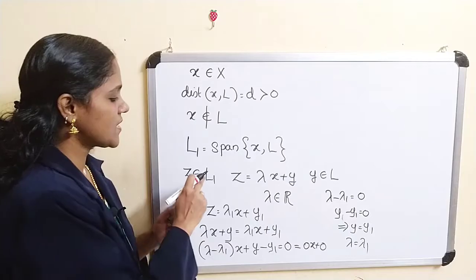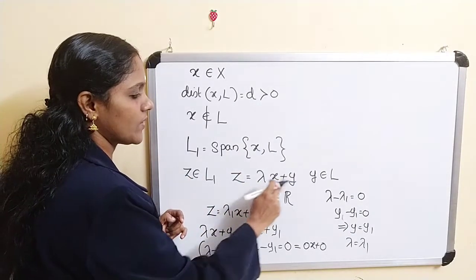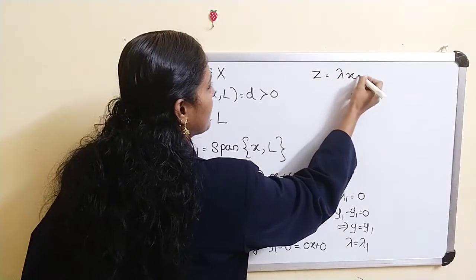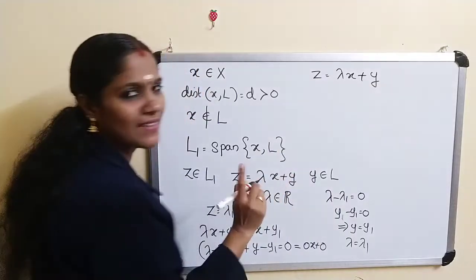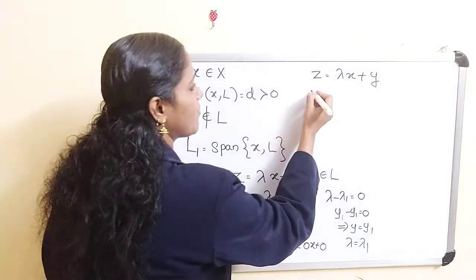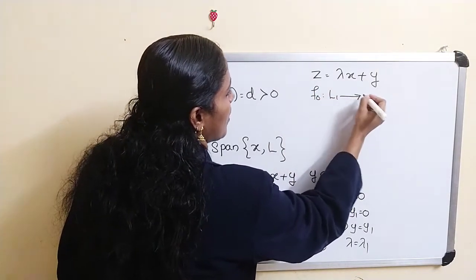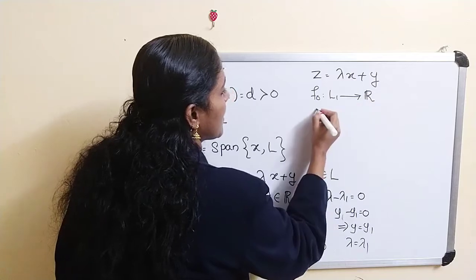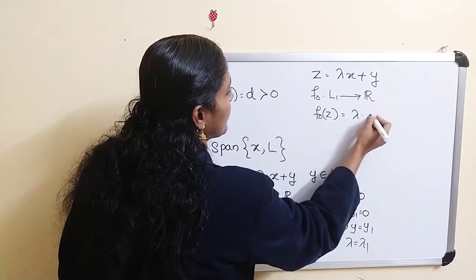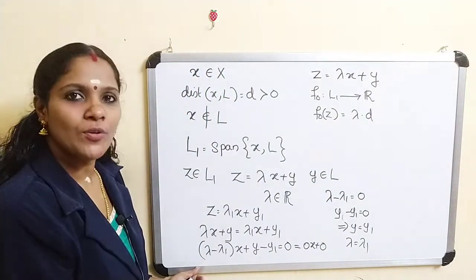So for each z belongs to L1, there exists a unique lambda and y such that z is equal to lambda x plus y. Clear? Lambda is a real number. Now we define a function f0 from L1 to R as f0 of z is equal to lambda into d.